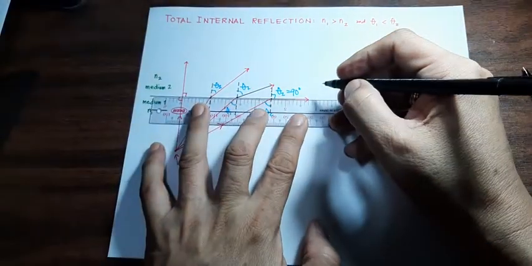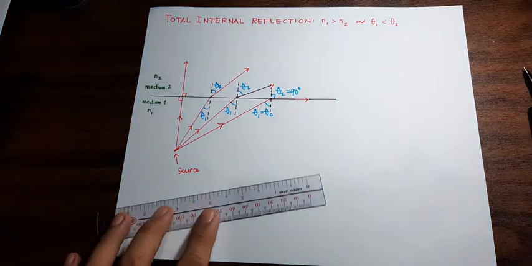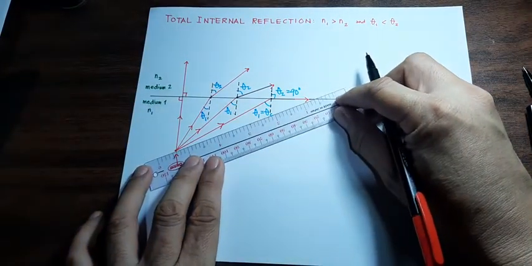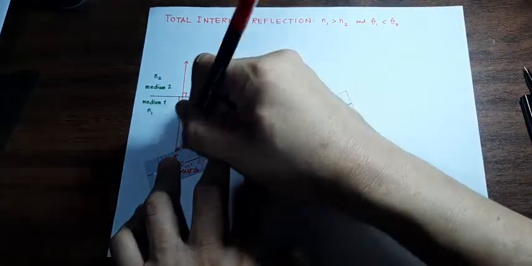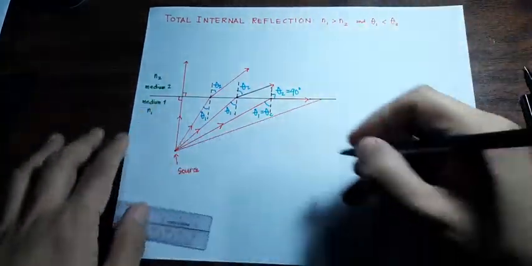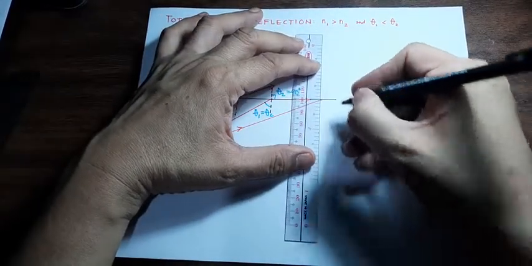What does it mean? So let us say we extend the boundary here, and let us say we increase the angle of incidence to a value greater than the critical angle.